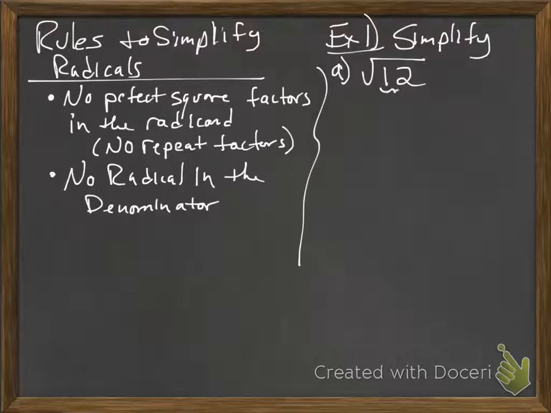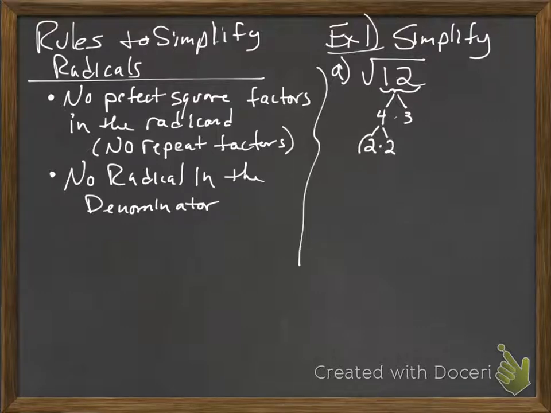You're going to take a look at your radicand, and what you're going to do is a factor tree, which you guys probably remember. Maybe it's been a little bit, but basically you break down 12 into numbers that you know multiply to make that. So I know, for instance, 12 is the same as 4 times 3. Now 4 I can break down even further into 2 times 2.